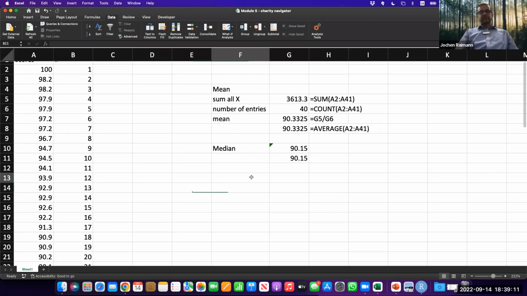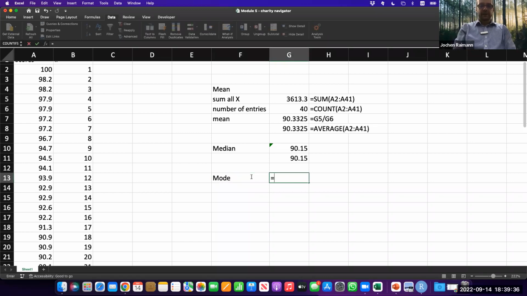And now lastly, we have the mode. The mode is basically the most often occurring number. You remember when we had the normal distribution, the mode is basically the highest peak of that distribution curve. That highest peak in a histogram or a frequency polygon is also the most often occurring number. There's a mode function, equal sign mode A2 to A41, which gives you the mode.